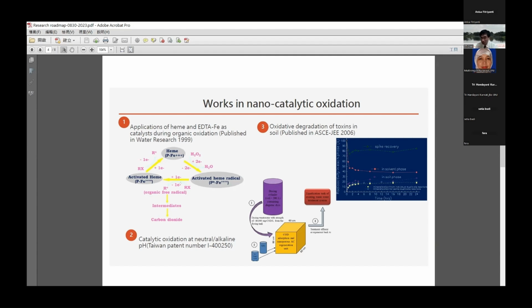In soil treatment, we have to spend a lot of money to buy acidic material to acidify the soil if we want to do the Fenton reaction, so it's not really an economical way. That's the catalyst we have. We can perform the treatment in neutral or even alkaline conditions.